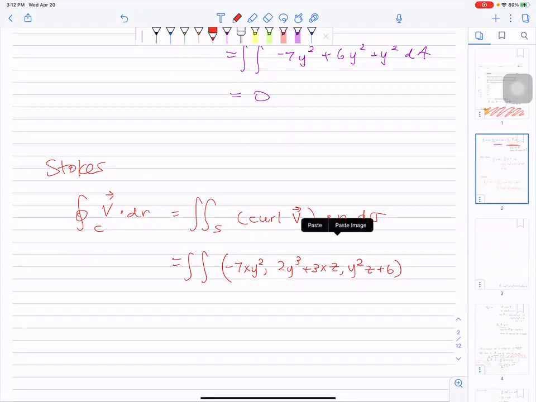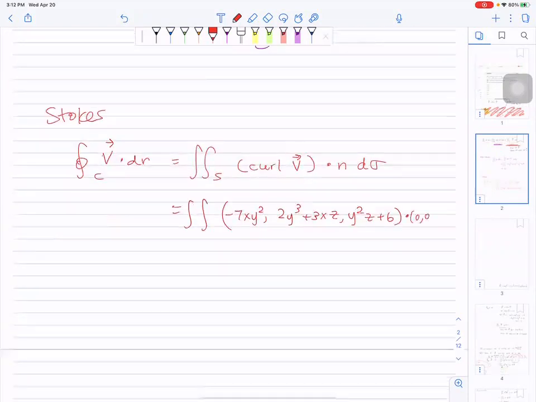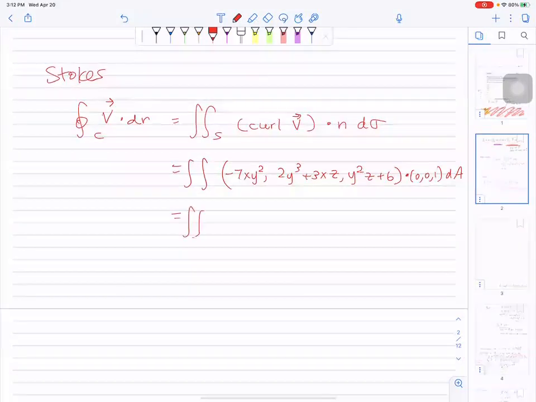If this is our flat circle, what is the normal vector? It's k hat, which is 0, 0, 1. So I have the curl dot 0, 0, 1 dA. It doesn't matter what the first terms were, because they get multiplied by 0. What do I get here?